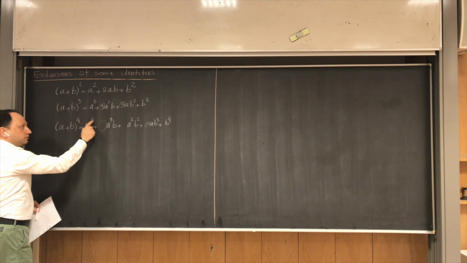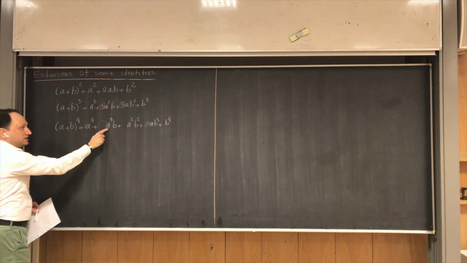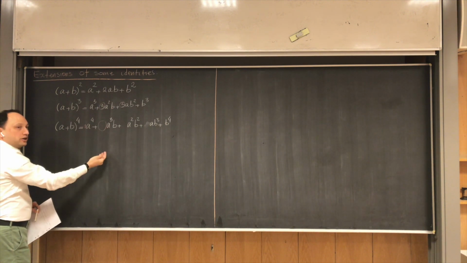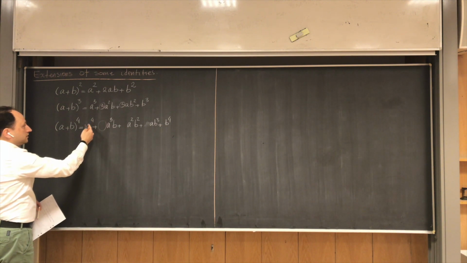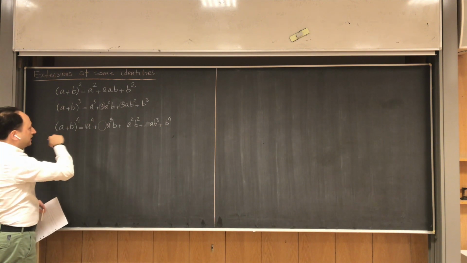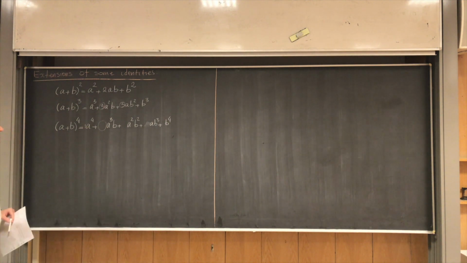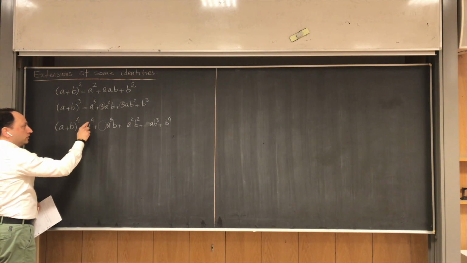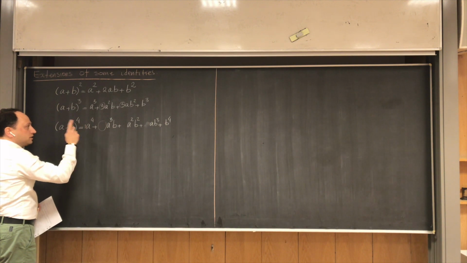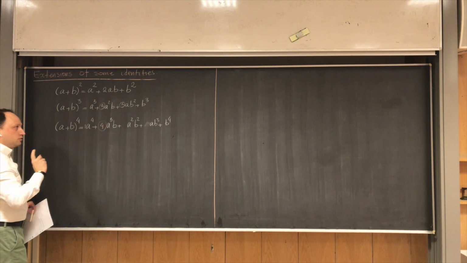You multiply 4 by this coefficient, it becomes 4. And because this is the second term, you divide by 1. That was my mistake, sorry. You multiply 4 by 1 and you divide by 1. So this becomes 4.